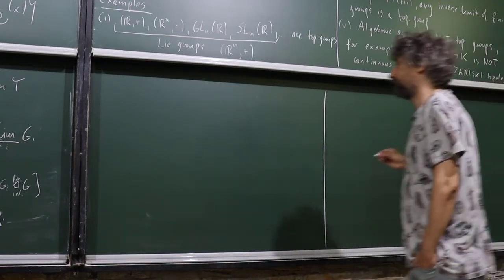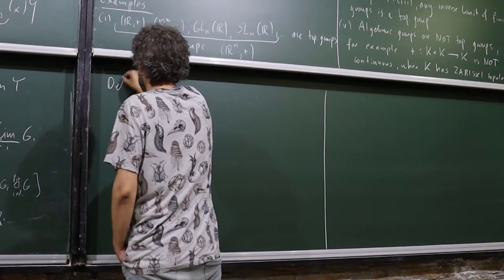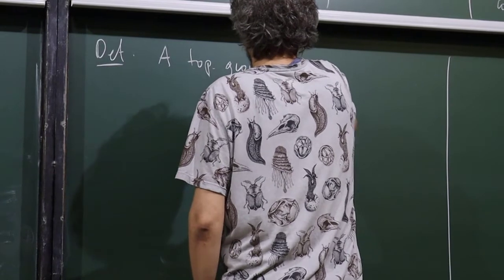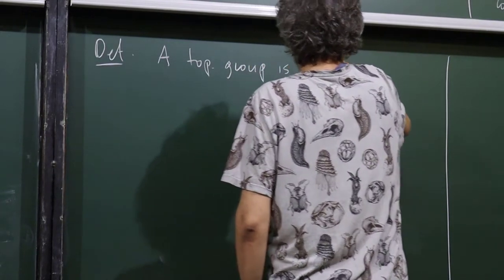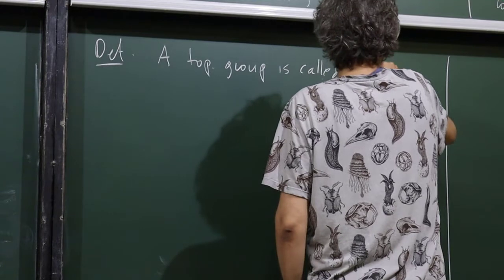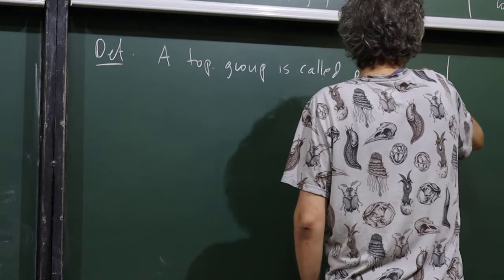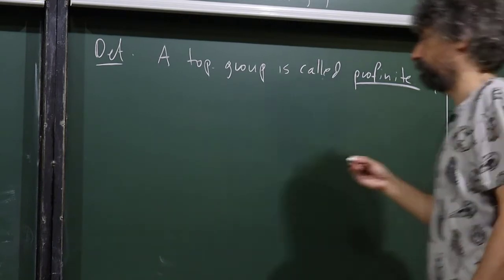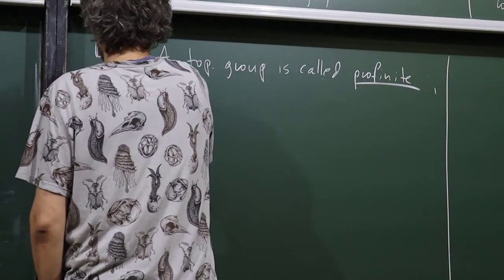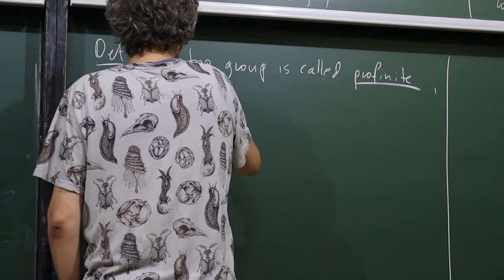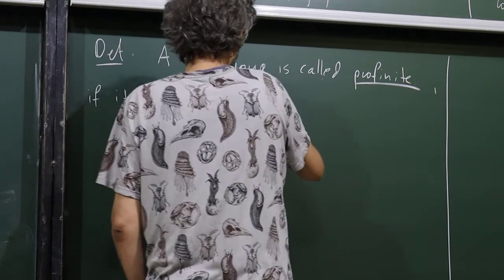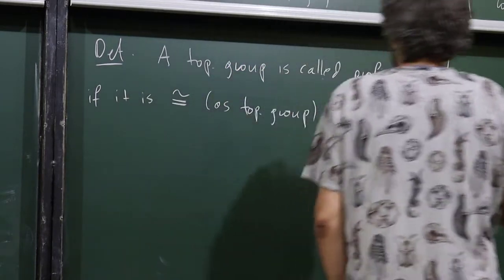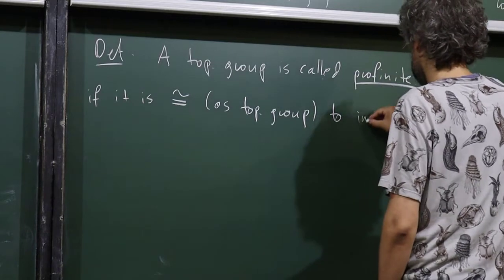Okay, that's an obvious definition, but this word should appear. A topological group is called profinite if it is isomorphic as a topological group to an inverse limit of finite groups.